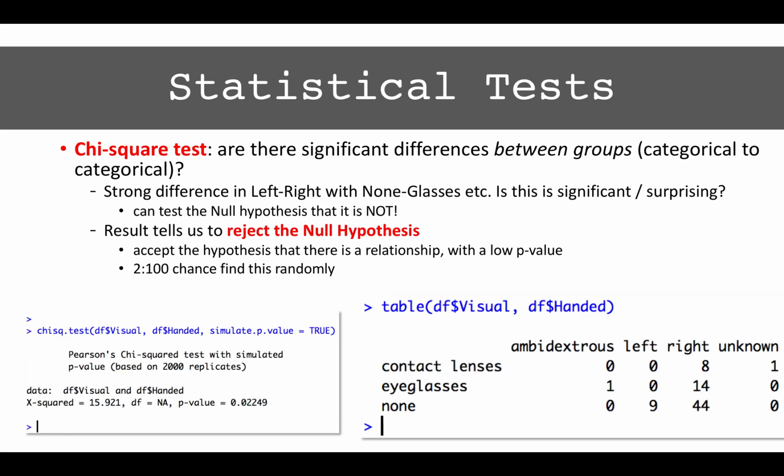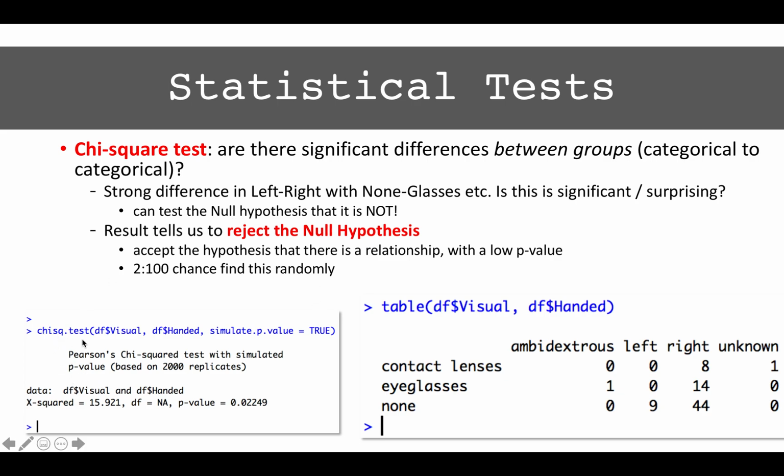And similarly, we can apply a chi-square test to examine the differences between groups, so categorical to categorical. We were interested in this difference between left- and right-handed people with no visual support versus glasses and/or contact lenses, and we want to know whether this was significant and surprising. Again, we can test the null hypothesis that it's not.